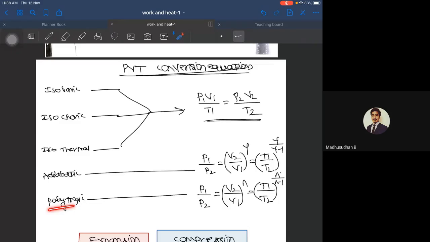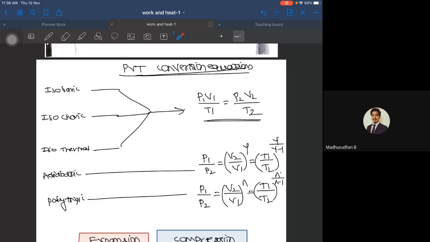Similarly for the polytropic process, gamma is replaced with the value of n. So P1 by P2 equals V2 by V1 whole to the power of n, which in turn equals T1 by T2 whole to the power of n divided by n minus 1. Take a screenshot of this, everyone.